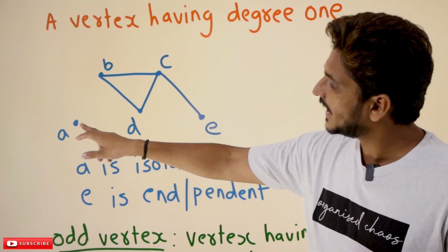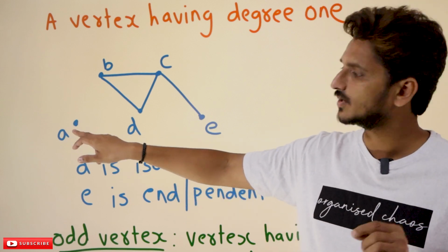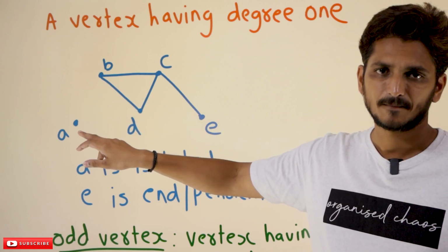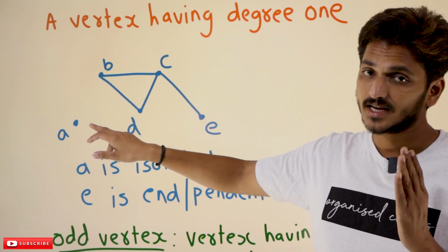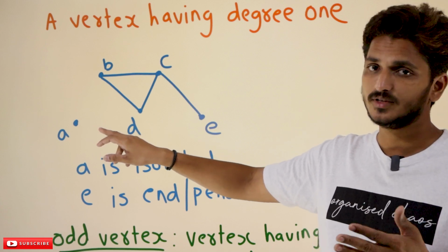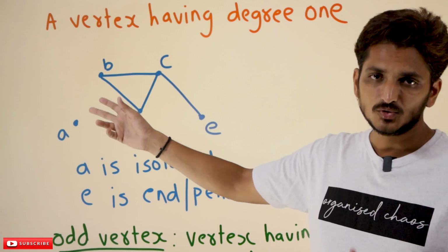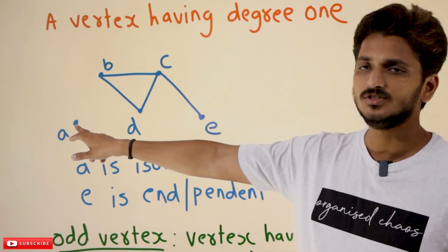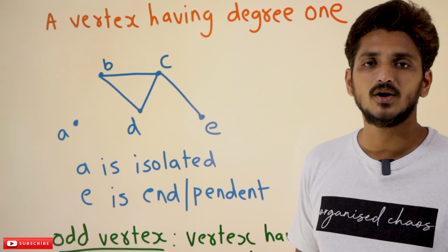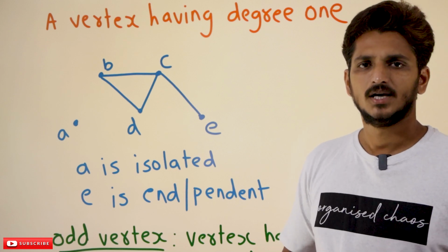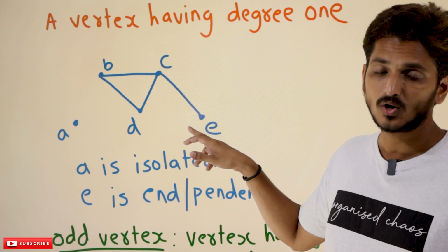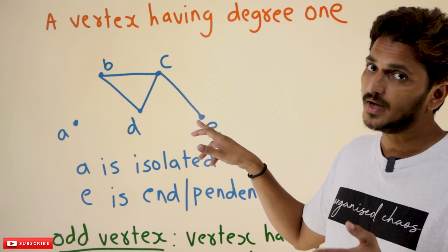In this graph, A has degree 0 because A is not connected with any edge. There is no edge incident with A. That's why the degree of A is 0. This we call an isolated vertex. Similarly, E has a degree of 1. This we call an end vertex or pendant vertex.